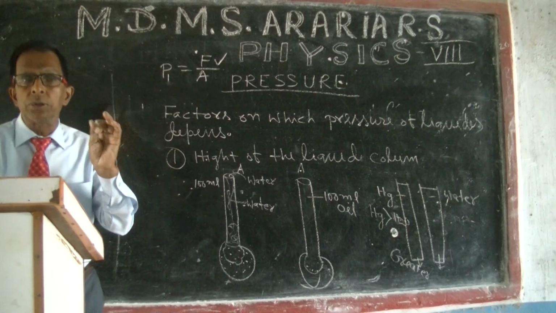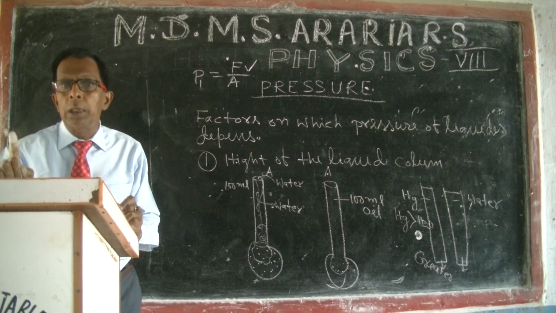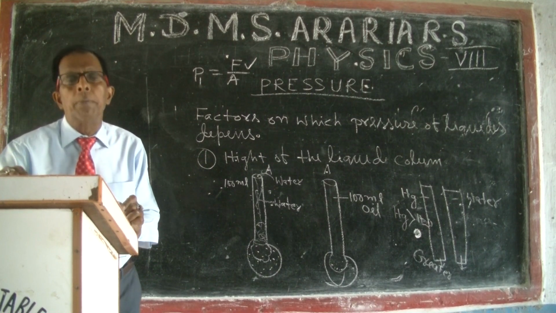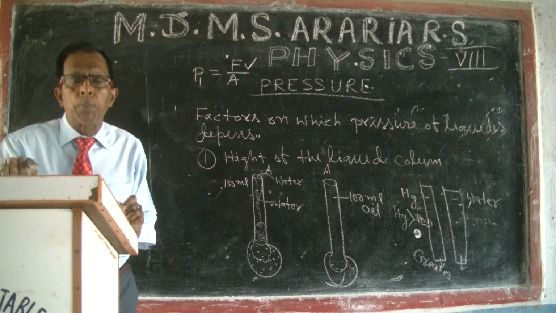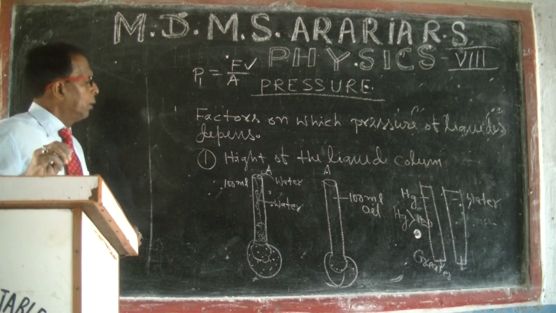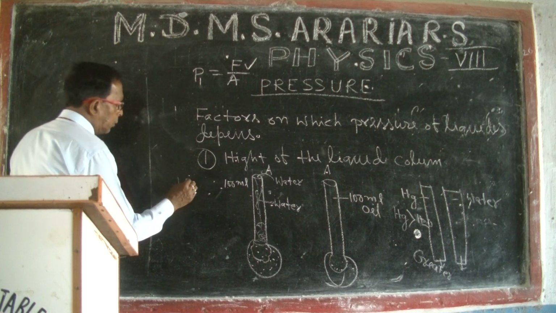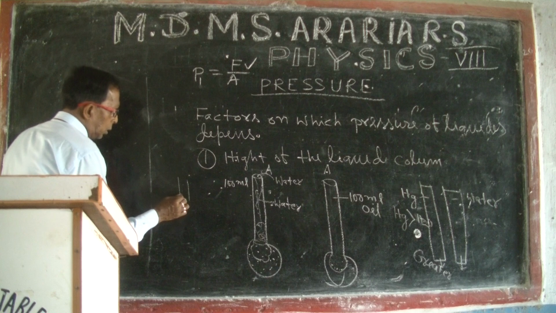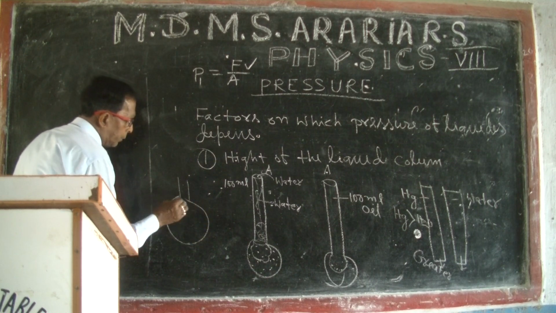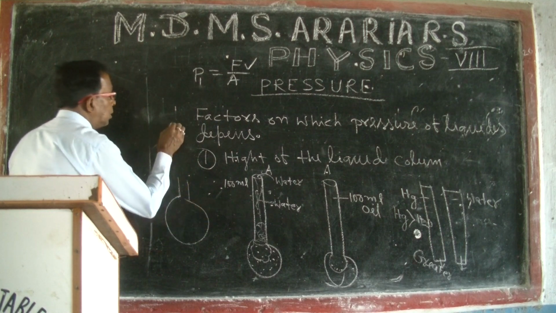The pressure is 100% same in each and every possible direction and each and every possible contact point on the contact surface. Due to this reason, when you blow a balloon, the shape of the balloon changes uniformly and it becomes like this. The balloon shape is like this, not like this.